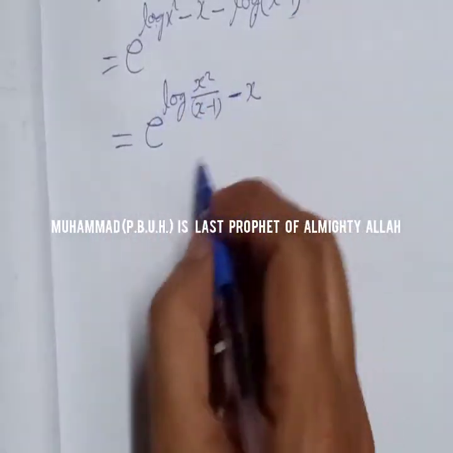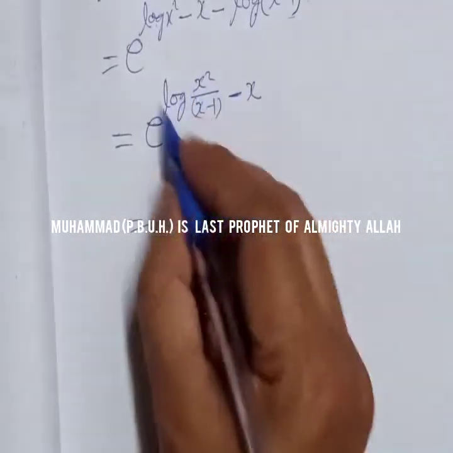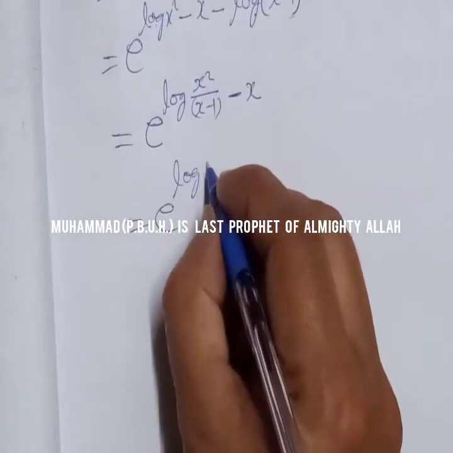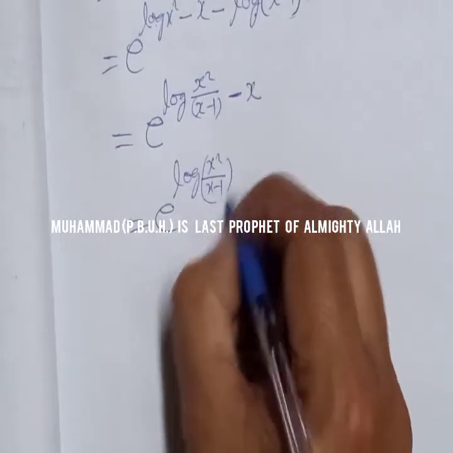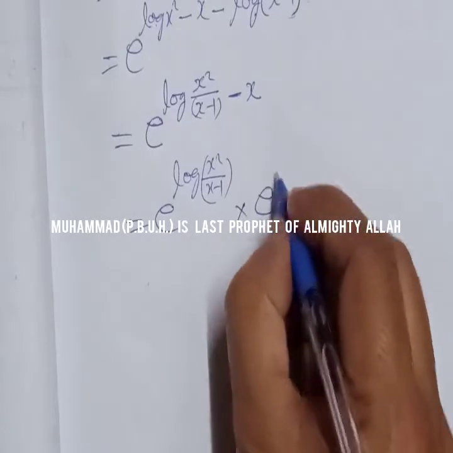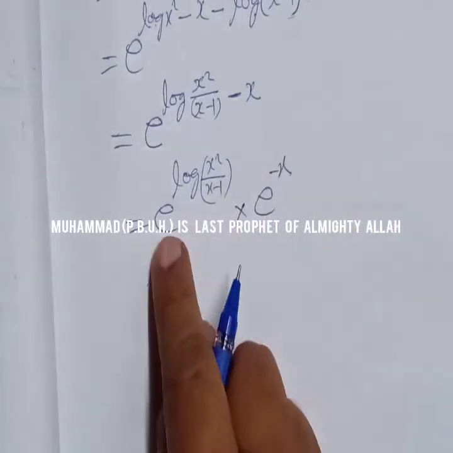We can separate this as e to the power log x square upon x minus 1, and also e to the power minus x, because the base is the same.